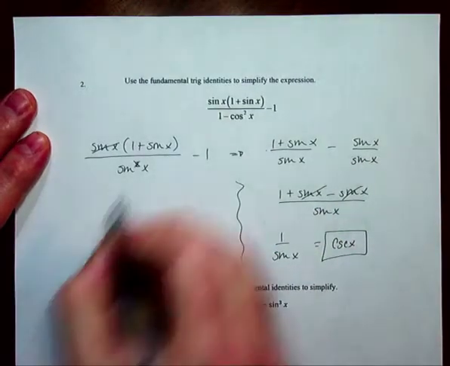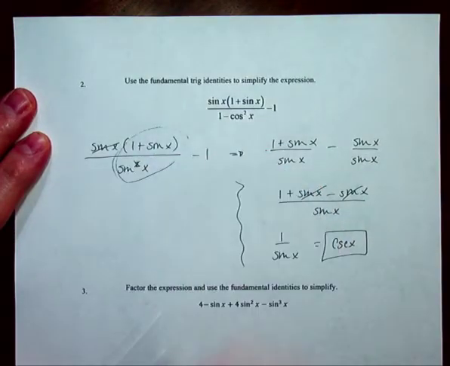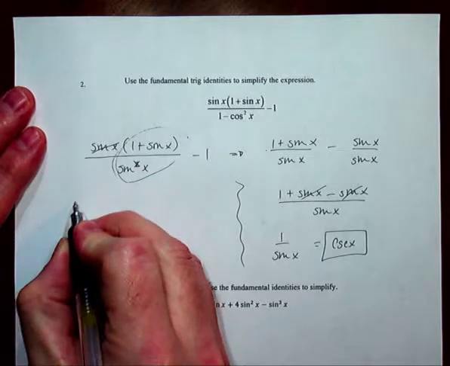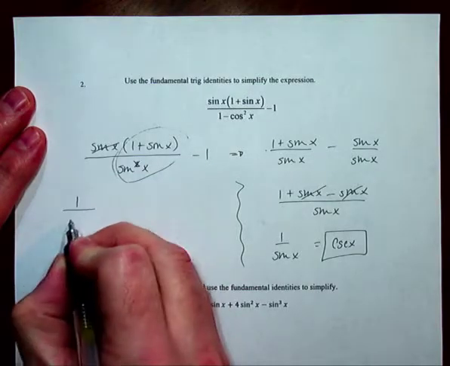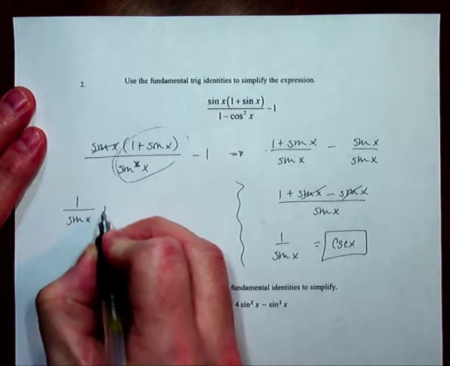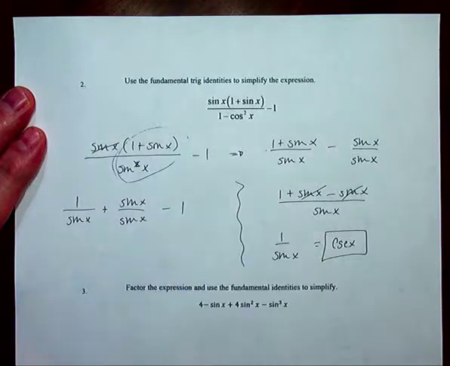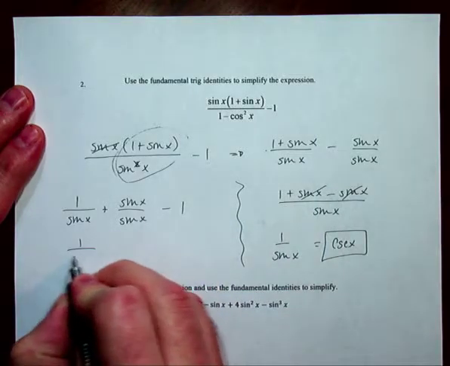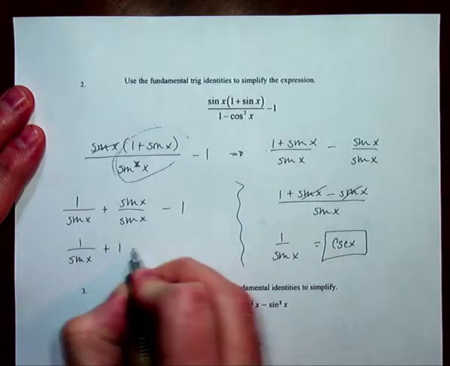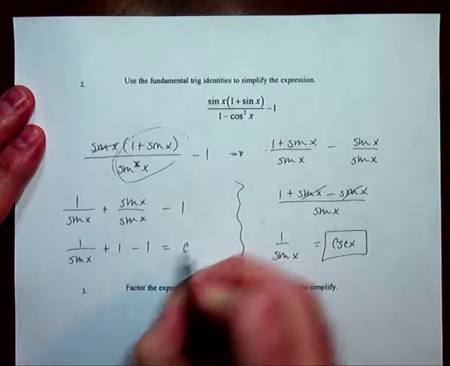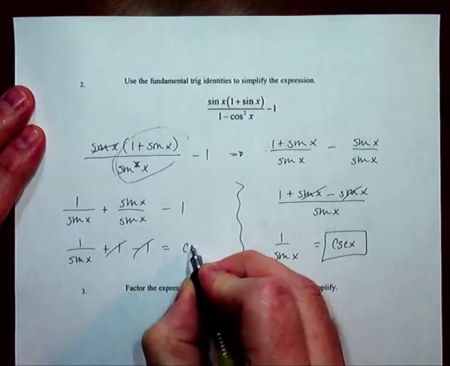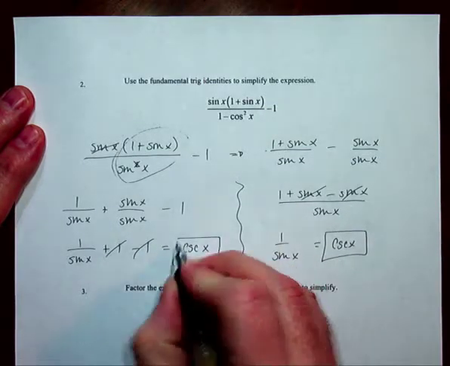So I'm going to take that fraction that has a numerator that is a binomial and separate that fraction. It amounts to doing the same thing as we do over here. It is 1 over sine x plus 1 minus 1, of course the plus 1 and the minus 1 cancel, and that makes cosecant x.